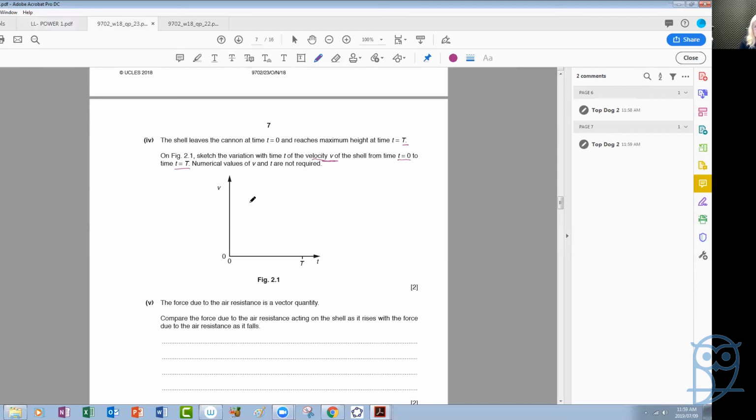Well, to do it, look at this. If there was no air resistance, the shell would move upwards decelerating up to this maximum height. We want to draw the velocity-time graph from there up to there. If there was no air resistance, the only force acting on the shell would be its weight, and the acceleration would be due to gravity, and this would be a straight line.